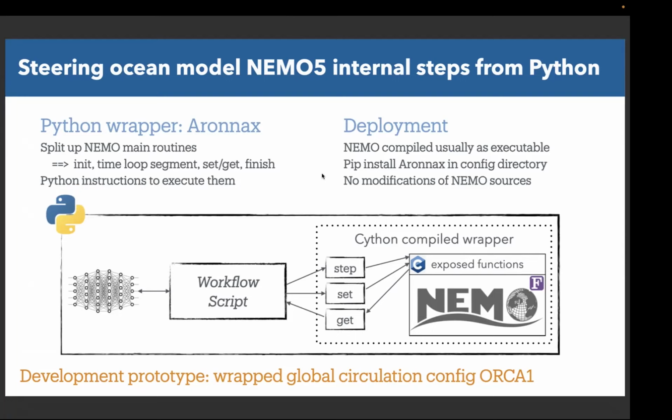For now, it calls the full model. For example, if you want to get the temperature, a field from NEMO, it can be done at the end of the time step. A field that is created during the time step but not kept at the end is lost, of course. So you cannot just execute this routine, not yet. We'll see.